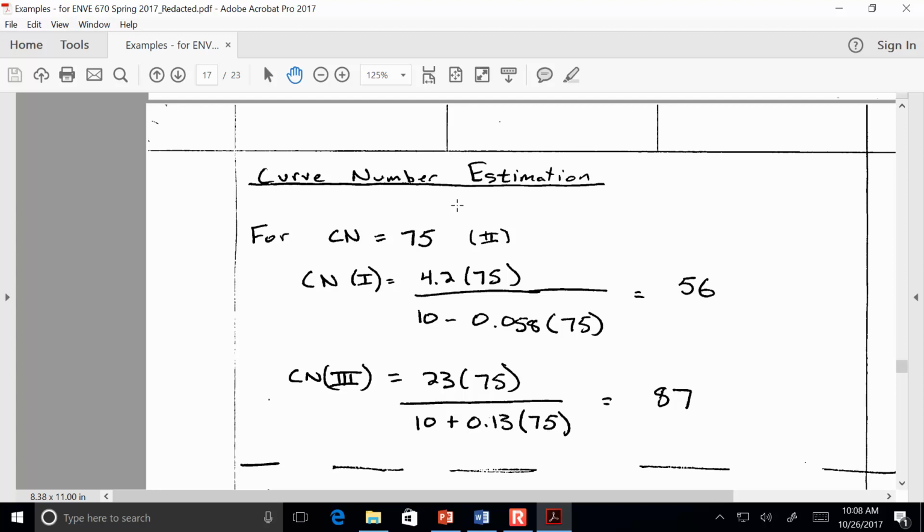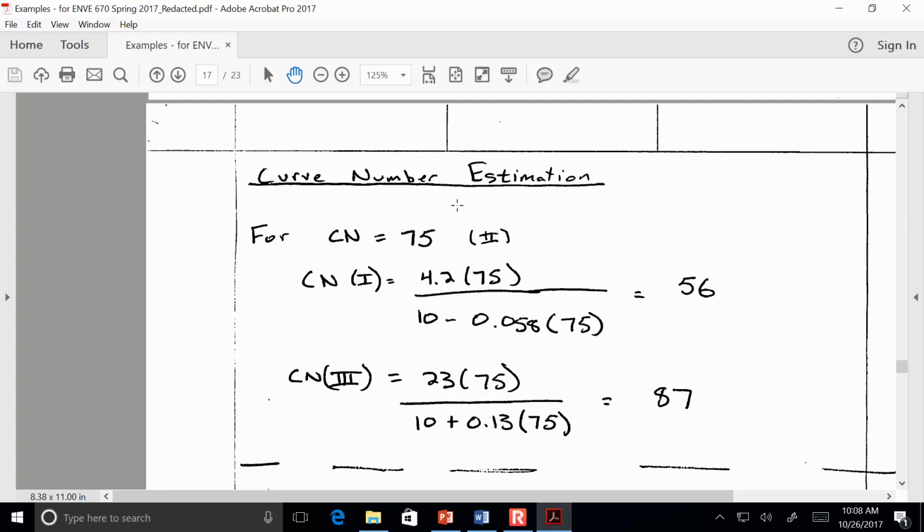Okay, so the precipitation excess for the curve number of 56 will be 0.47 inches if the precipitation depth is 3.75.